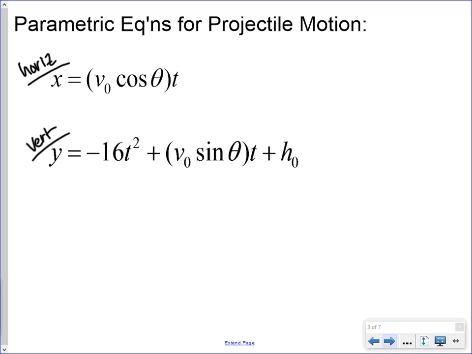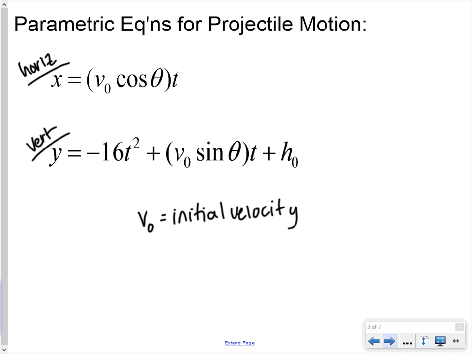So v0 is like the initial velocity. Yes. Let's write that down. V sub 0 is initial velocity, which in our work will just be stated, like, this was launched into the air with an initial velocity of whatever that may be. Does anybody remember what h sub 0 is? Your initial height, right?